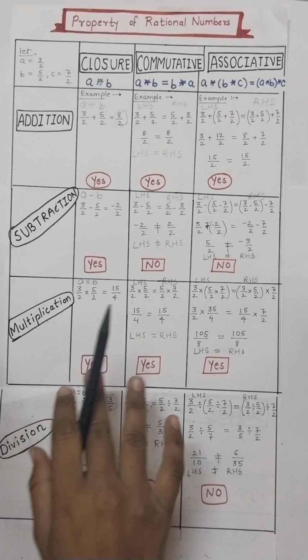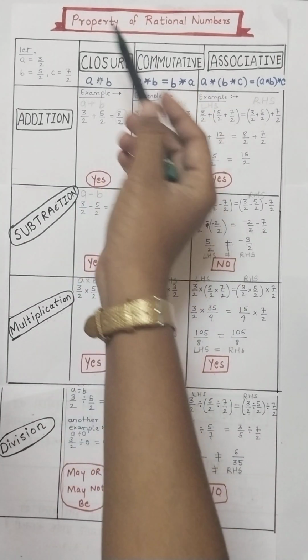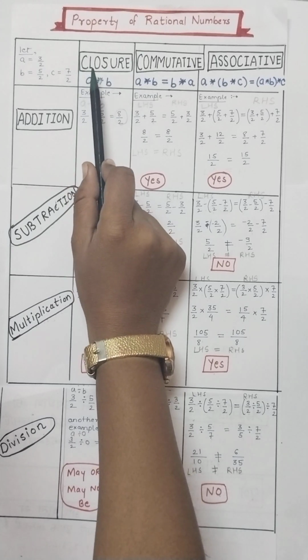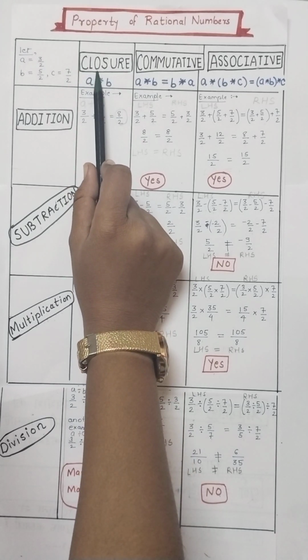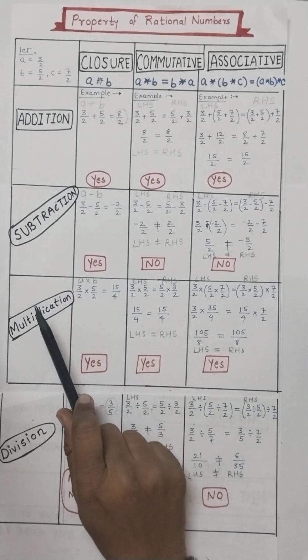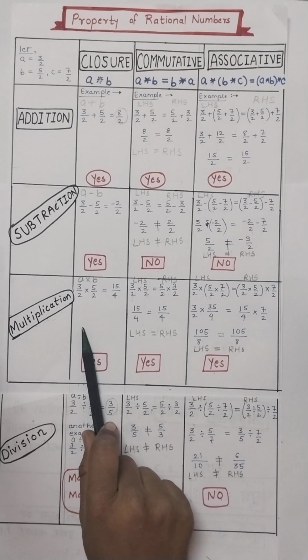Now we'll summarize all these properties. First, what our closure property says: when we add any two numbers, subtract any two numbers, multiply any two numbers or divide any two numbers, the answer must also be a rational number.